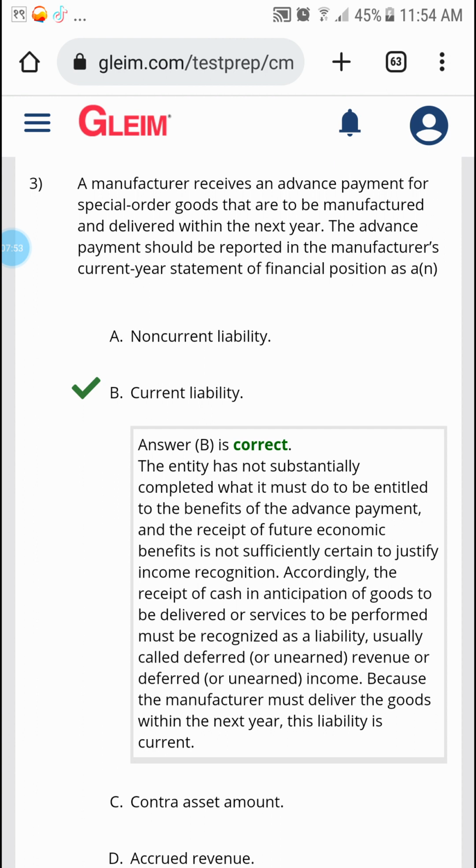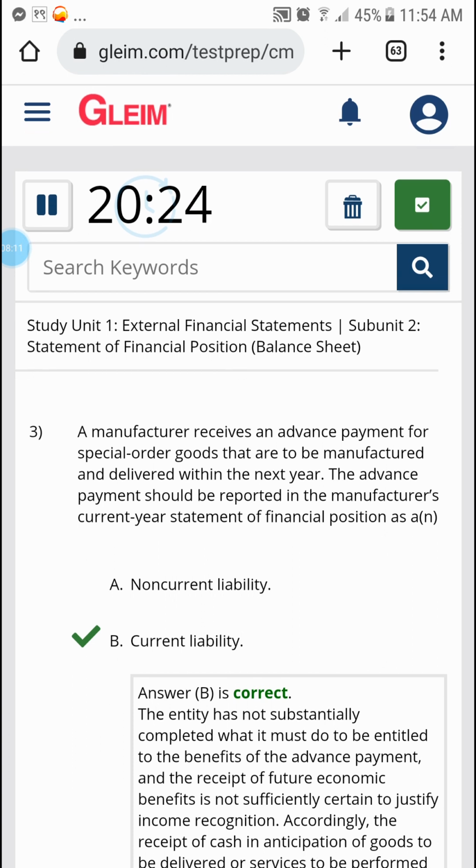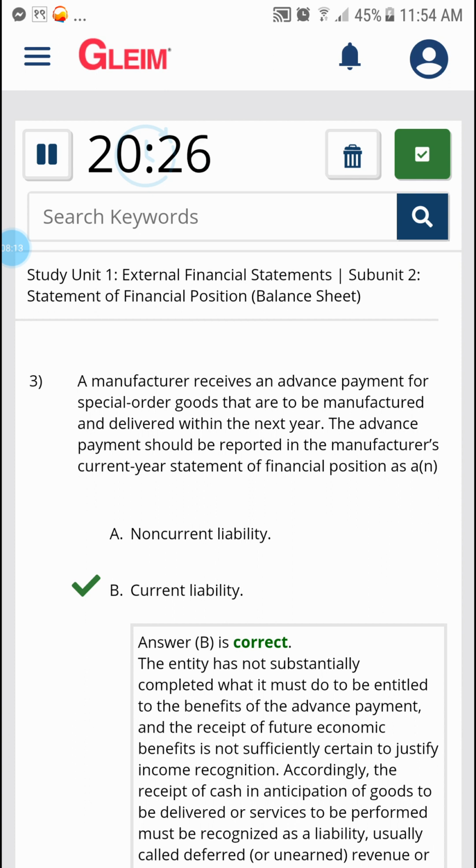So, according to the receipt of cash in anticipation of goods delivered or services to be performed, in this situation we have to understand that the manufacturer receives an advance payment for special order goods that are to be manufactured and delivered within the next year. The advance payment should be reported in the manufacturer's current year statement of financial position.